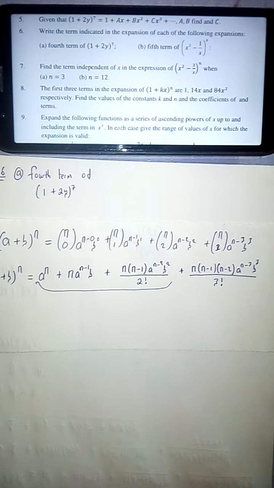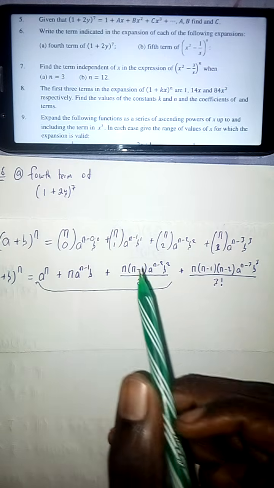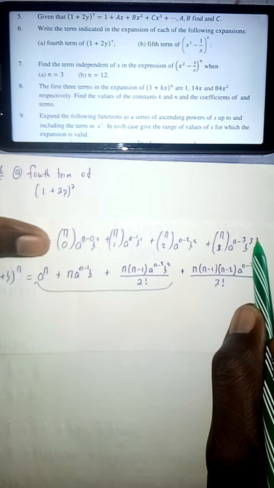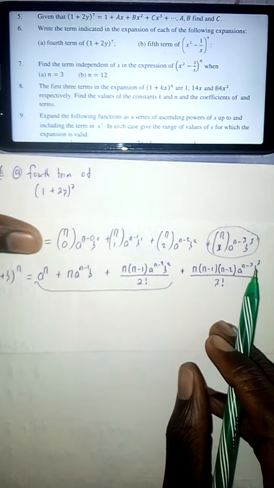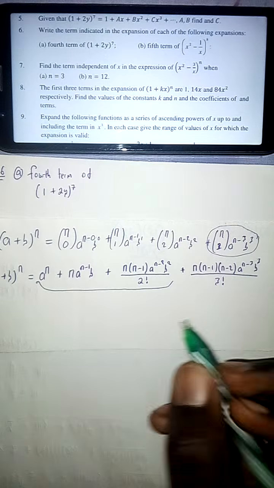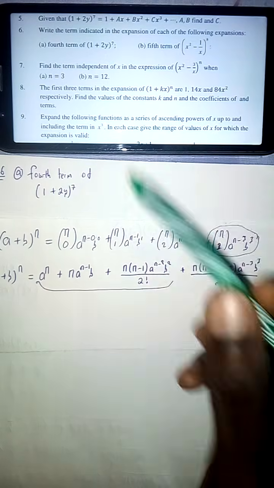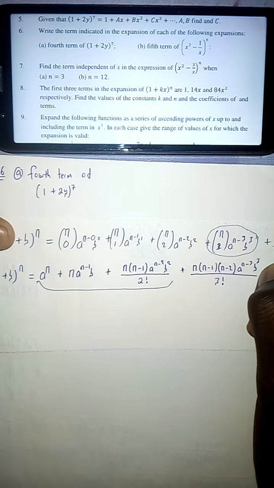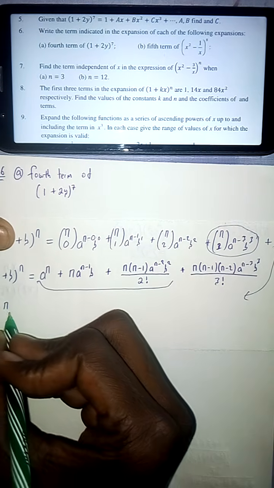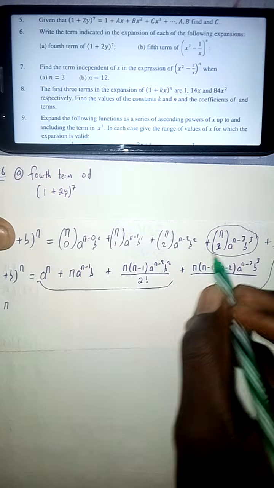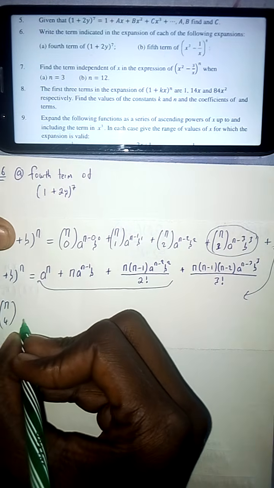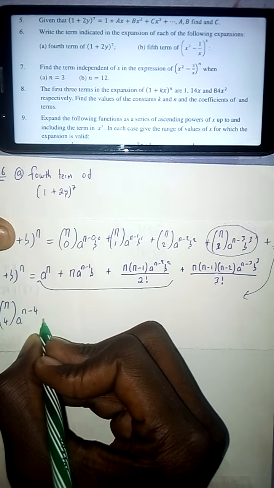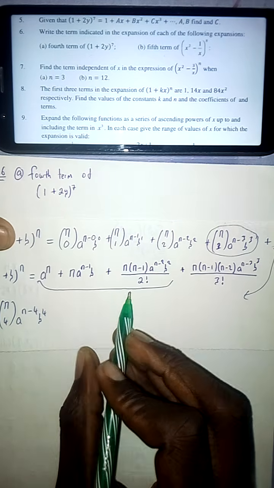So in this case, they want us to find the fourth term, right? So we are going to use this part only for the fourth term. For the fifth term, it will continue, so it will be plus n choose 4, a to the power n minus 4, b to the power 4.